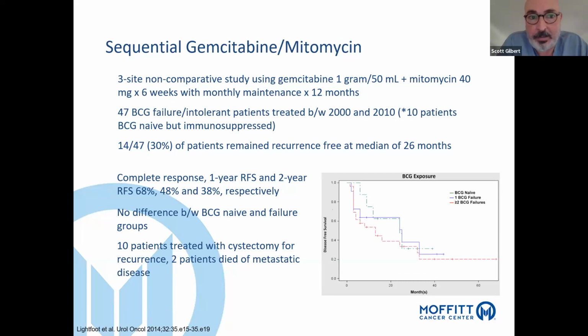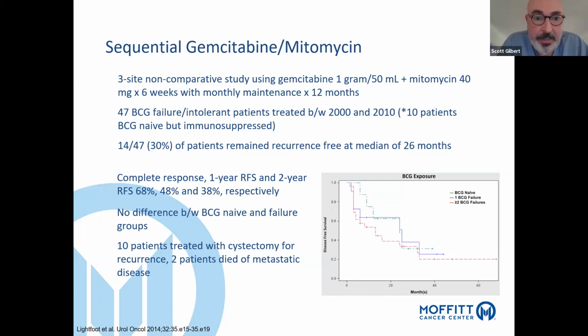So there was a 3-site non-comparative study using gemcitabine and mitomycin administered, again, 6 weeks in a row for induction plus monthly maintenance. 47 patients were either BCG failure patients or intolerant patients. There were 10 patients who were BCG naive but immunosuppressed in that group, and about 30% remained recurrence-free beyond 2 years.